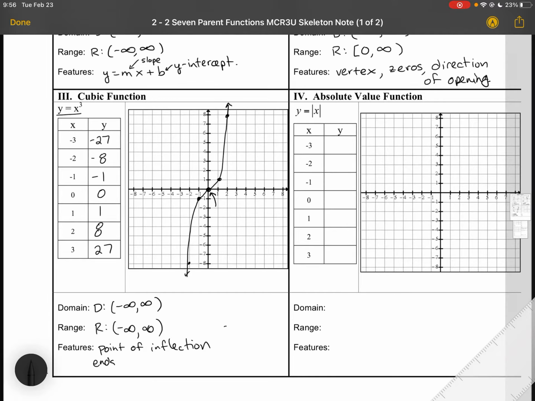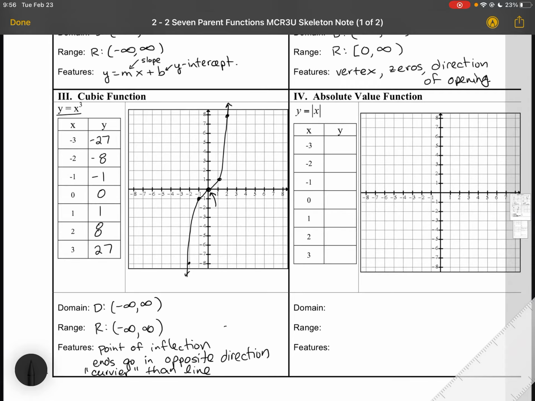The ends go in opposite directions. This is curvier than the line, but similar in the sense that the ends go in opposite directions. So let's move on to function number 4.